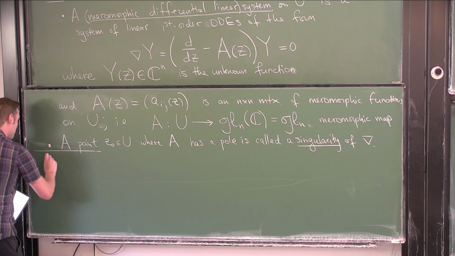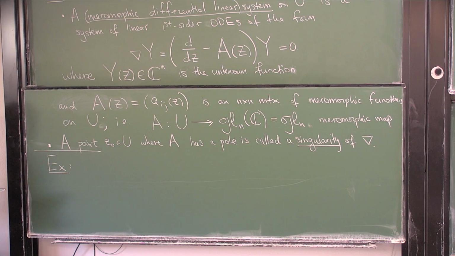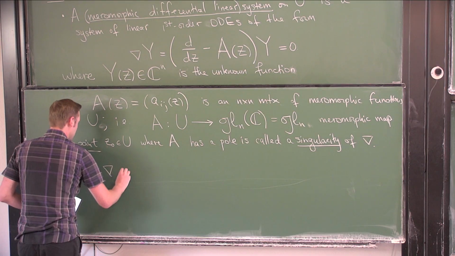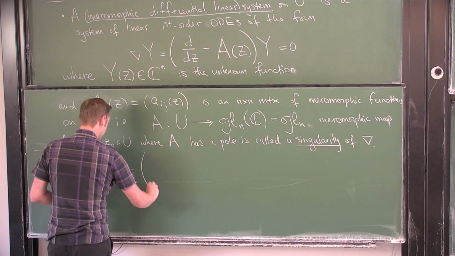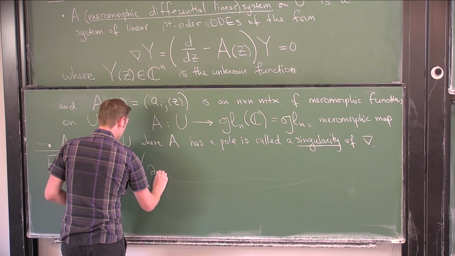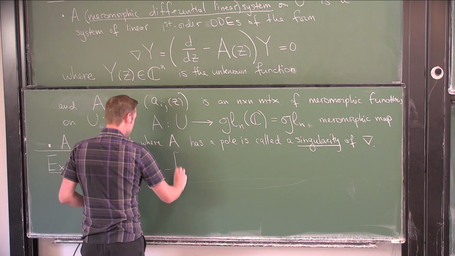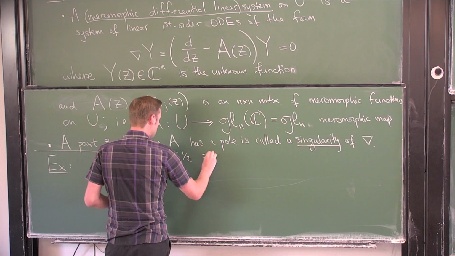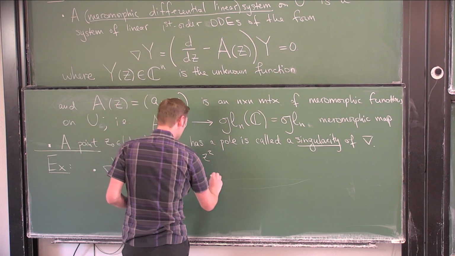Okay, let me give you a bunch of examples so you have an image of what we're talking about. Here's a random differential system that I wrote down: d/dz minus a matrix with entries 1/z, z squared, sine z, and z e^z.